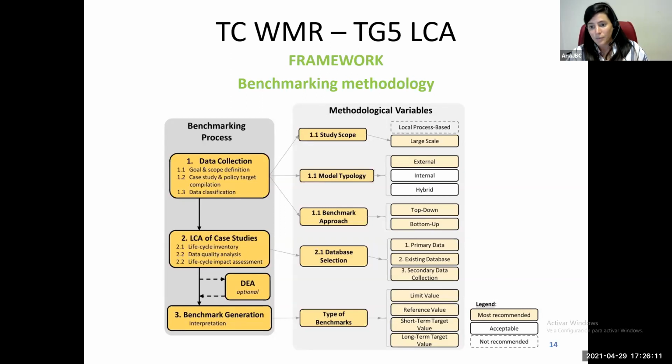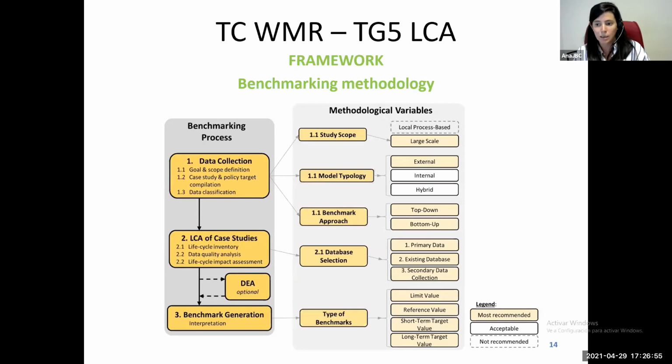The last variable within this first step is to choose the benchmark approach, which can be top-down or bottom-up. Both approaches are recommended, and this is related to how we choose the impacts for our materials or data. Either we take the impact from industry or sector-wide data, so it's like using general data and then making it more specific for our product, or we use data from actual processes to get to our product.